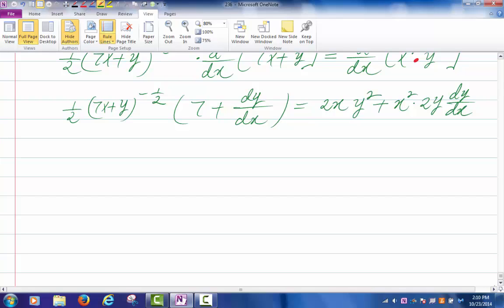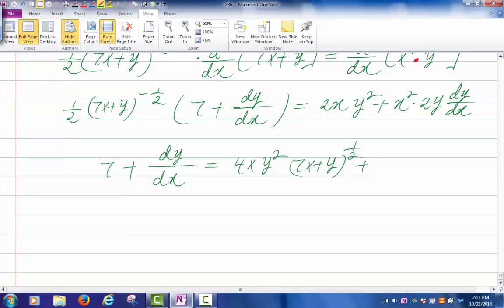Well, what I'm going to do first, in order to find dy/dx, is multiply both sides by 2 and multiply both sides by 7x plus y to the half. So what am I getting? Well, on the left hand side, I am going to get just 7 plus dy/dx, right? So the first term on the right will be multiplied by a 2, so I get 4x y squared, and also it will be multiplied by 7x plus y to the half.